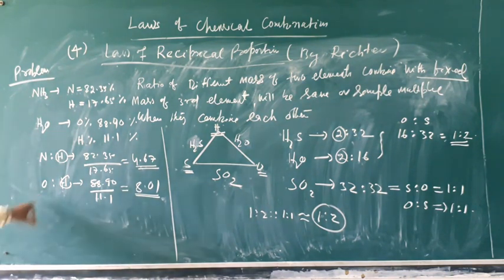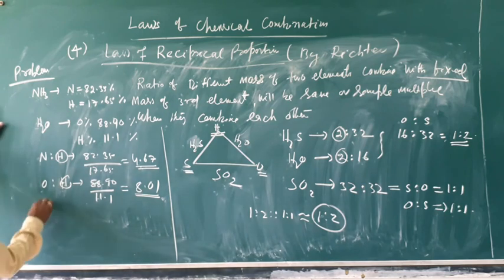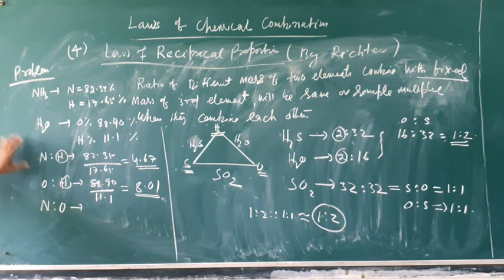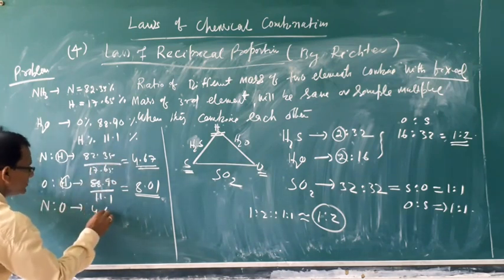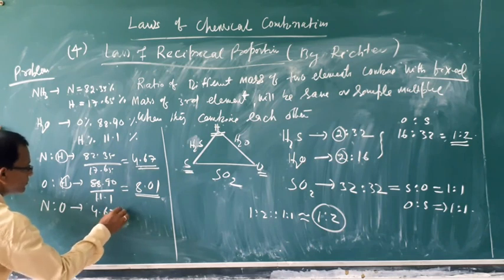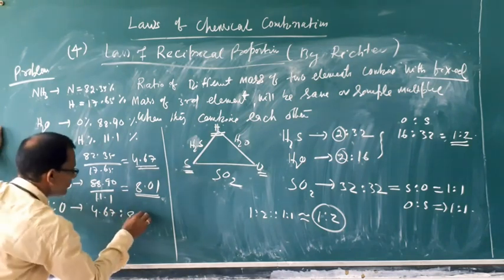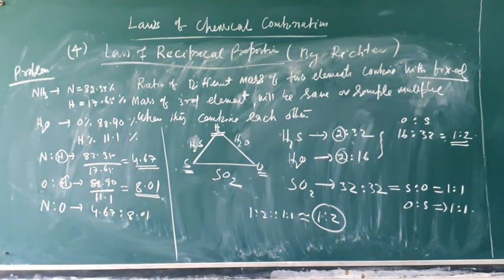Then you take this ratio, the N and O ratio. So now the N and O ratio is how much? By taking this, N is 4.67 divided by 8.01. How much is the result?